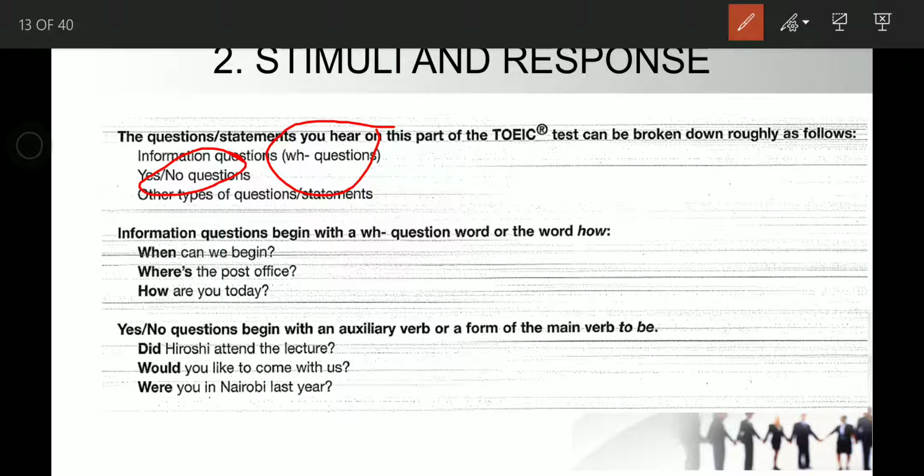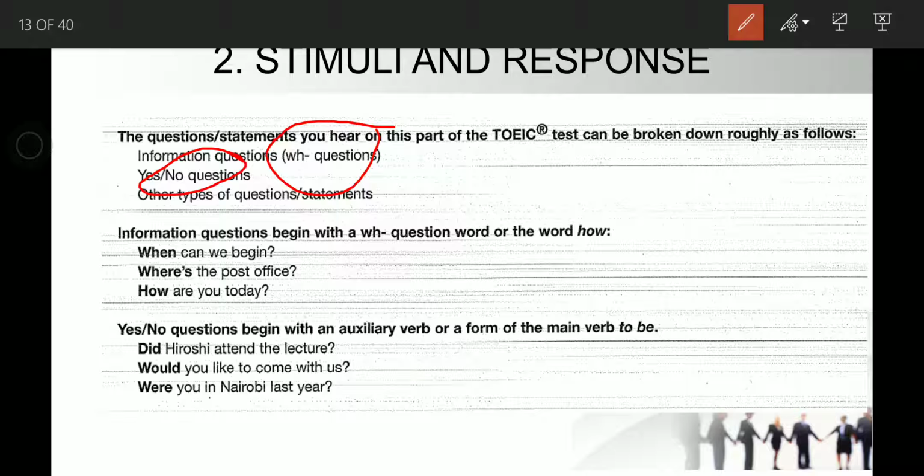If the question starts with why, usually the response will start with because. When the stimulus starts with, for example, how much money, the response must be some amount of money. So you have to take a look at that.